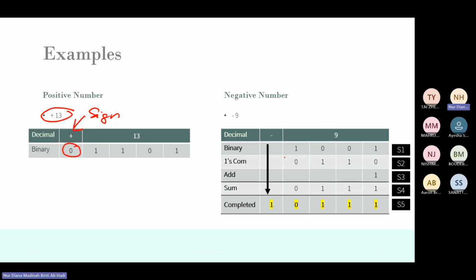Same goes with this one: if your sign is negative, we put 1. Can you see the differences between these two things? Do you have any questions that you want to ask? No questions? Easy?